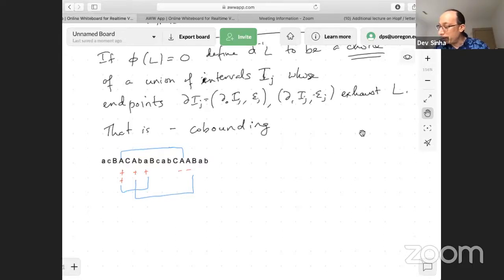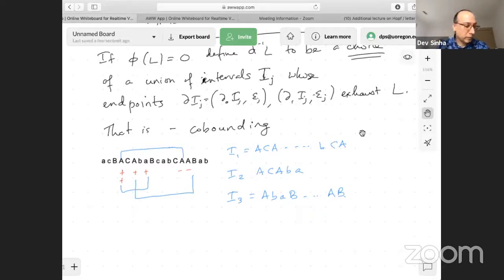I would have one interval equals A, C, A, all the way down to little b, C, A. Another interval is just A, C, A, B, A. And a third interval starts at that AB there, and then ends at the AB. So that's what co-bounding is. This hopefully makes sense from the pictures, and I think I've gotten all the details right. Again, Jeff can help me if I don't.